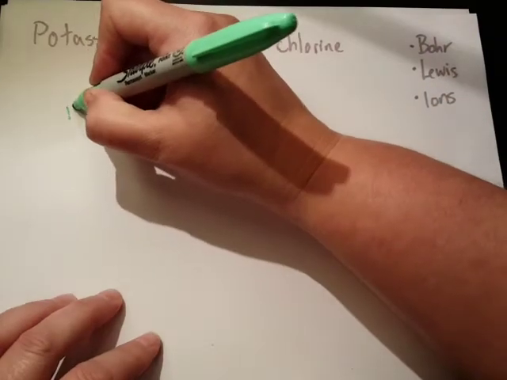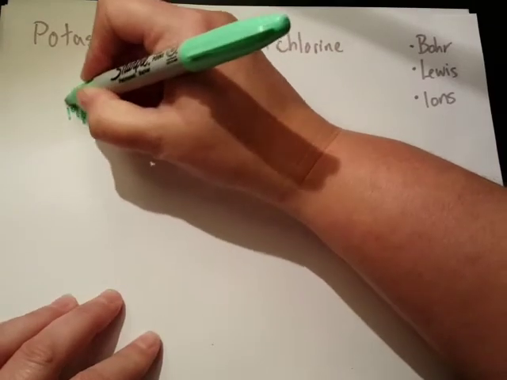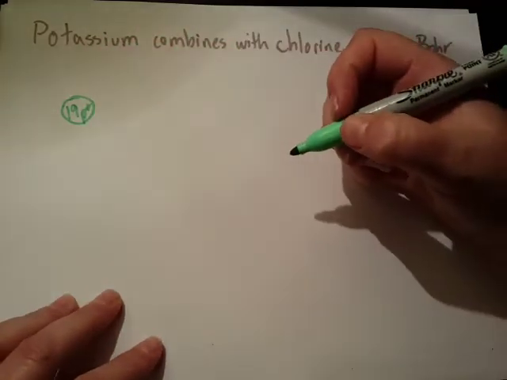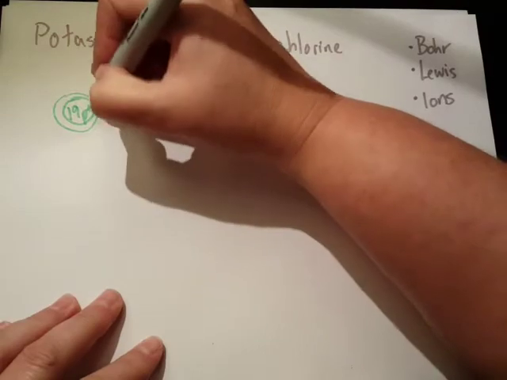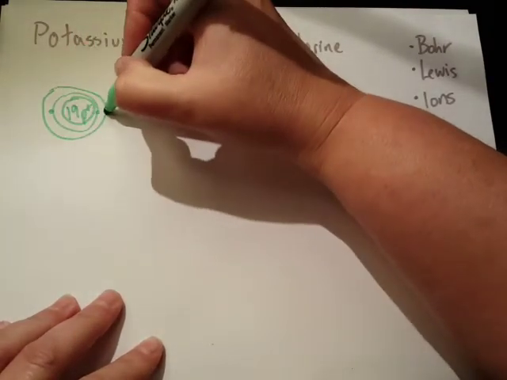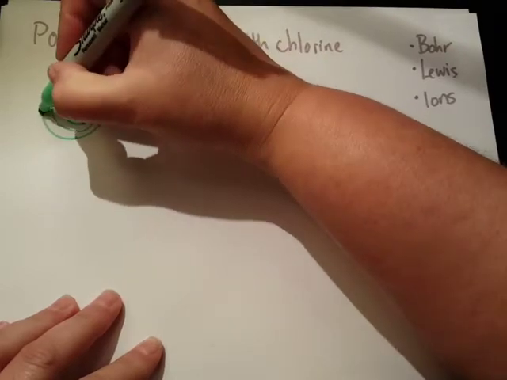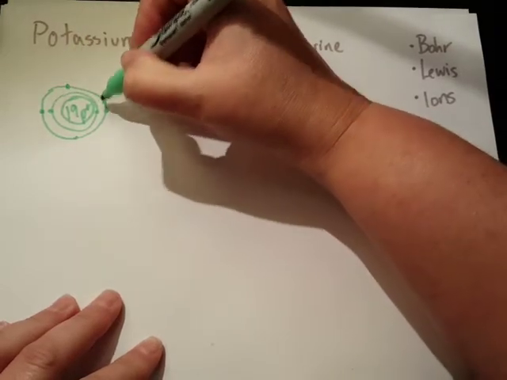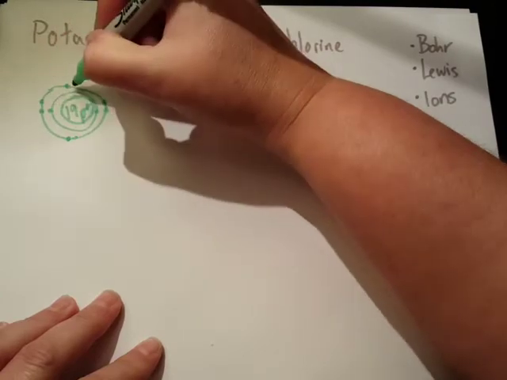With potassium, we find that on the far left side of the periodic table in group 1. It's got 19 protons, so we'll put 19 protons in the nucleus. Then 2 electrons in the next energy level, and subsequent ones are going to have 8 max.